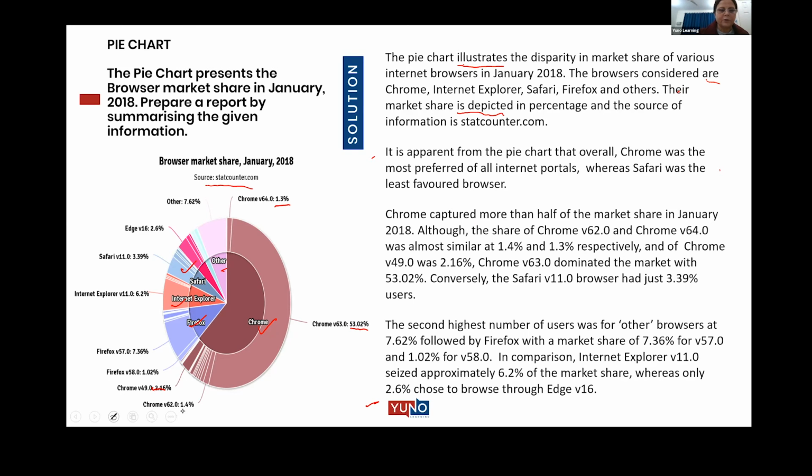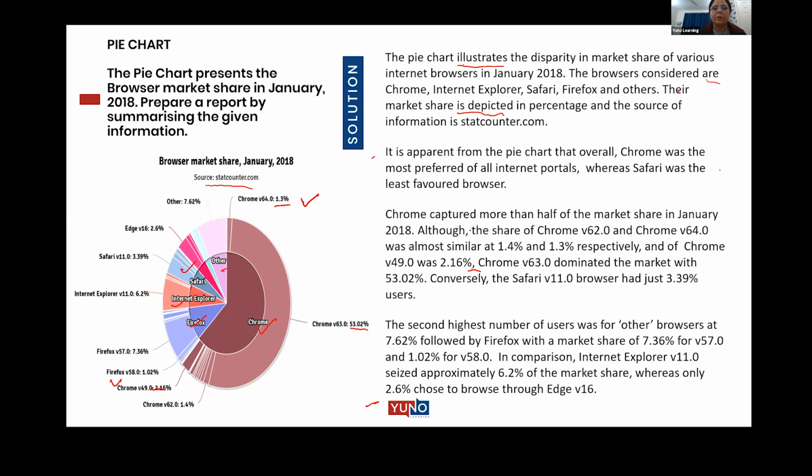It's here at the bottom. And Chrome v64.0, where do we have v64.0? Here, over here we have this. Now here it's 1.3 and that is 1.4. Was almost similar, we can use such words, at 1.4% and 1.3% respectively. And of Chrome v49.0. v49.0 is this one over here, was 2.16%, and you place a comma here.